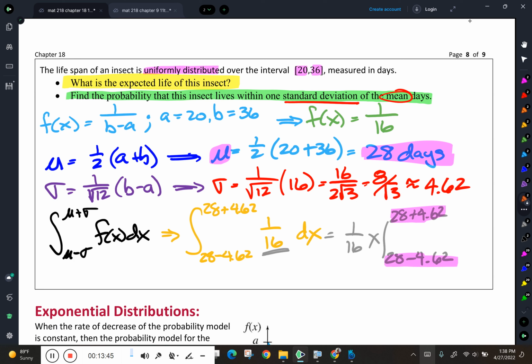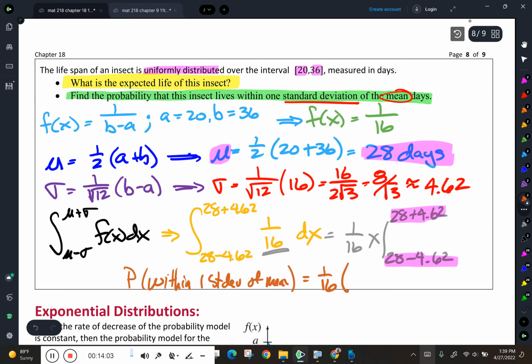When I calculate this, I'm going to get that the probability that we're within 1 standard deviation of the mean is going to be 1/16 times that minus that: 28 plus 4.62 minus 28 plus 4.62.